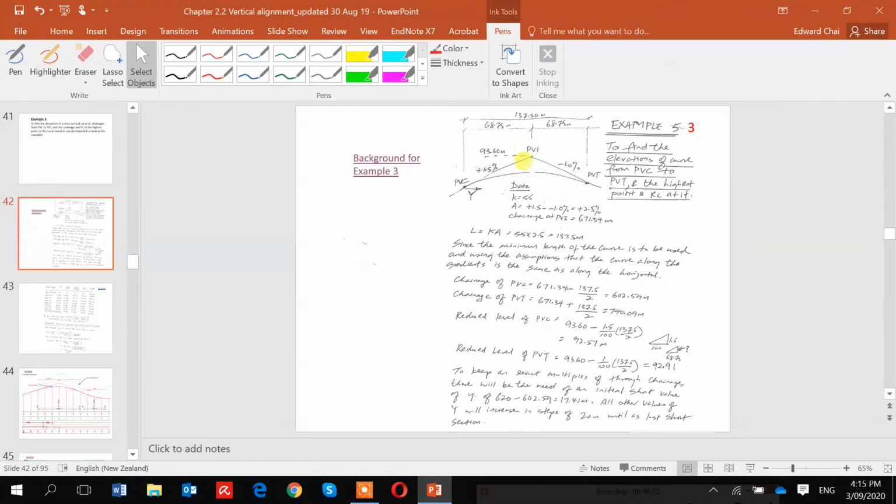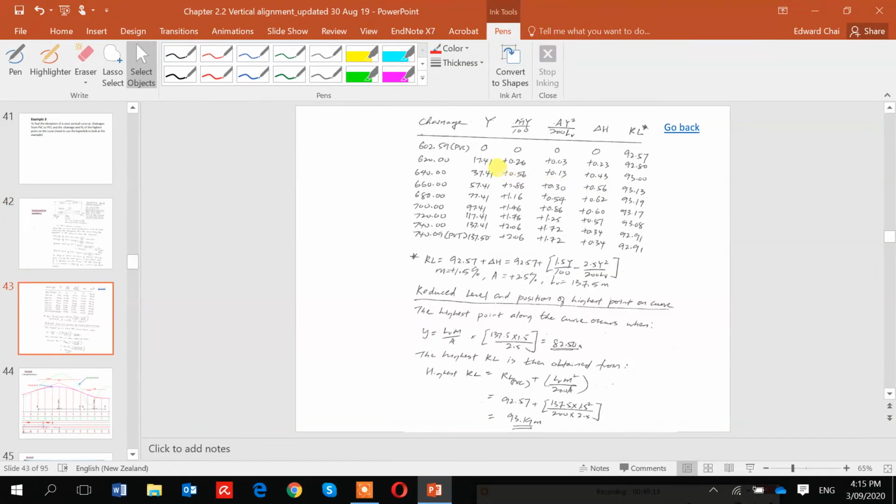Because we know this one, then we can work out the length of the curve, isn't it? And then we can work out the starting chainage, and then we can divide it out into 20, and find out what are the reduced levels at the different chainages. Okay, so we need to set our table.